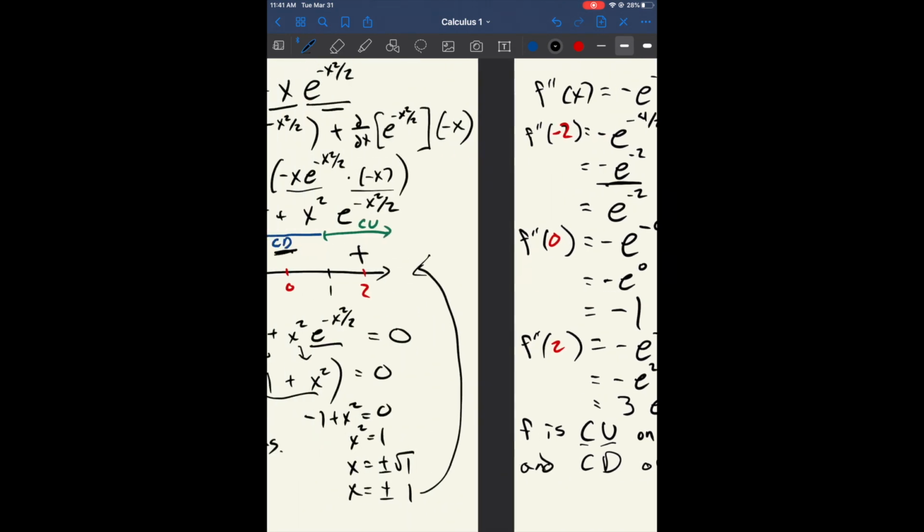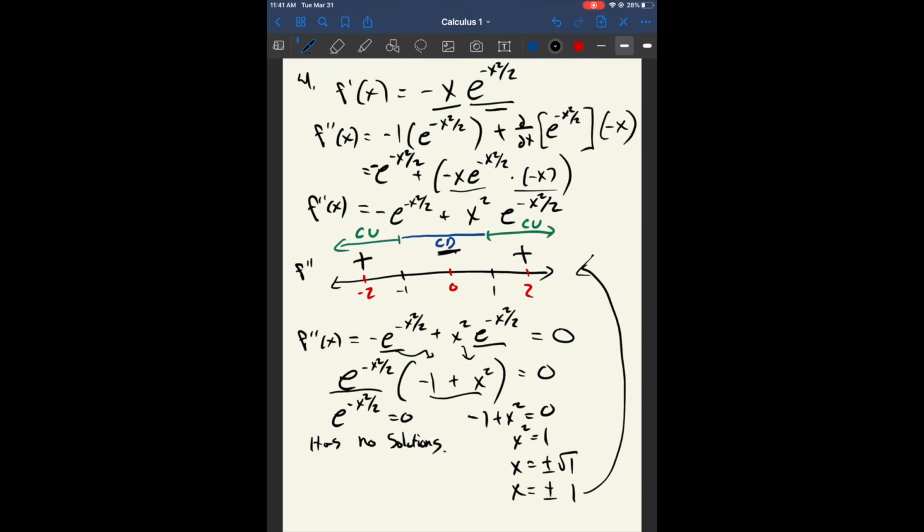And so if we go back to our number line, we can see that the function here is concave up, and then here it's concave down. So there's a switch that happens right here. And then we have the function is concave down to concave up right here. And so a switch happens right at this point here.